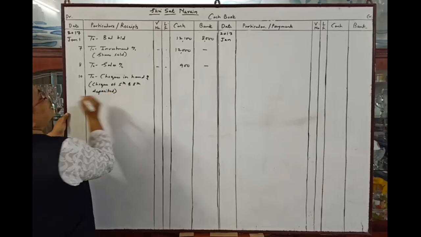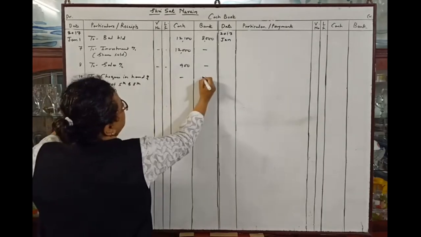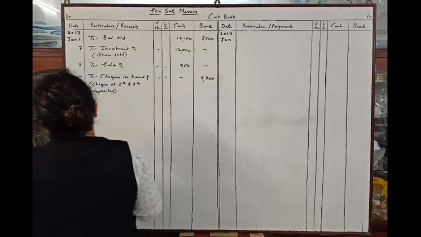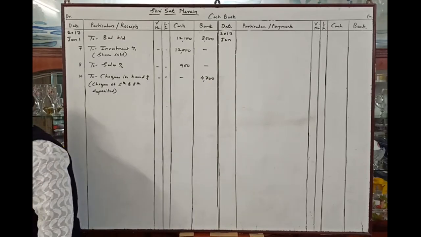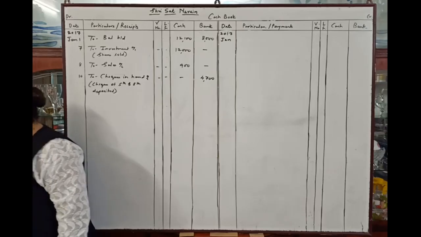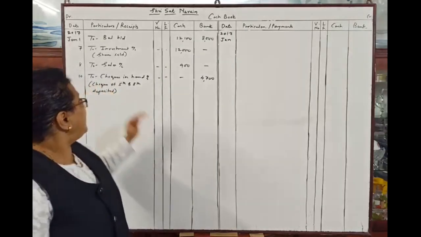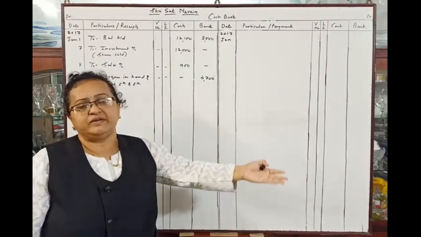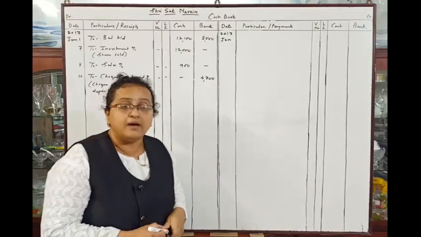Deposited into bank. So total amount in bank column will be 4,700. Okay. Now they told us that paid into bank means deposited into bank. Total amount is 10,000. Out of that checks amount is 4,700. So remaining amount will be 5,300.